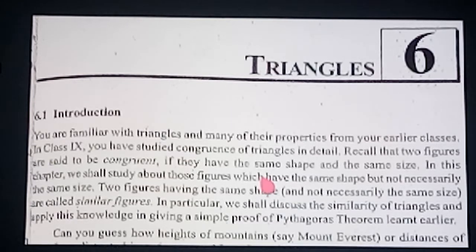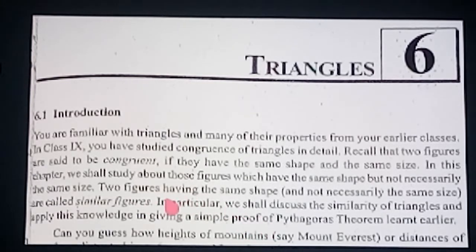Its corresponding side will be PQ. AB and PQ are equal, BC and QR are equal, and AC and PR are equal. Then we can say the corresponding sides are equal, and in the same way corresponding angles are equal. Then that type of figures we are calling congruent triangles. In 9th standard you studied congruent triangles in detail. Its corresponding parts you also studied. After 2-3 pages I will show the diagram also.